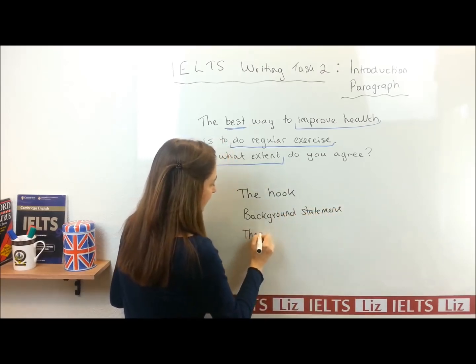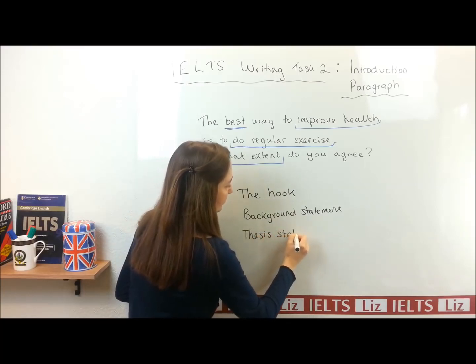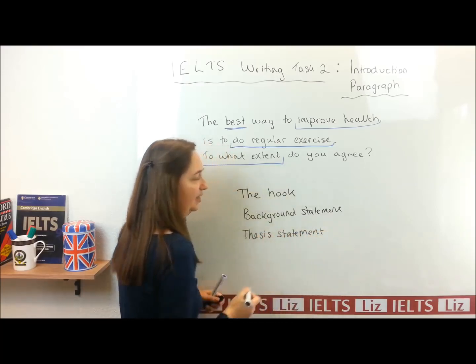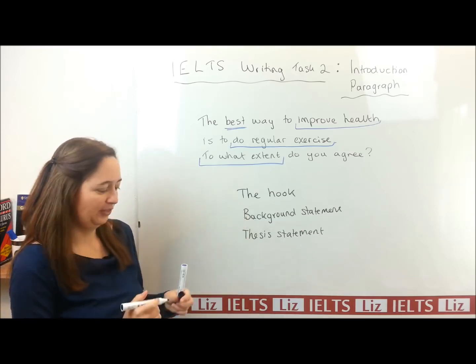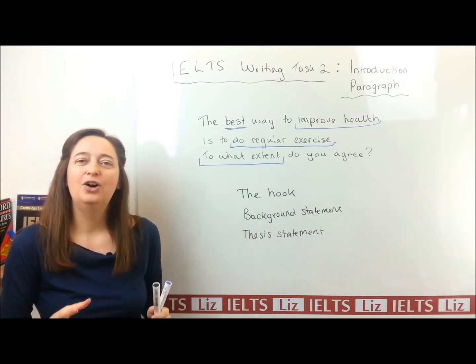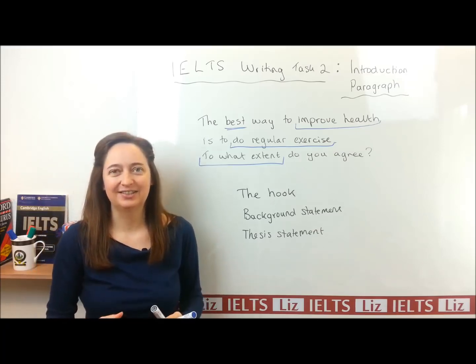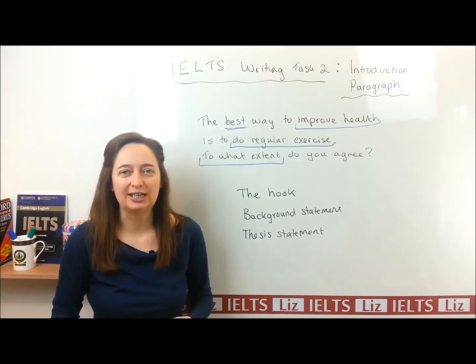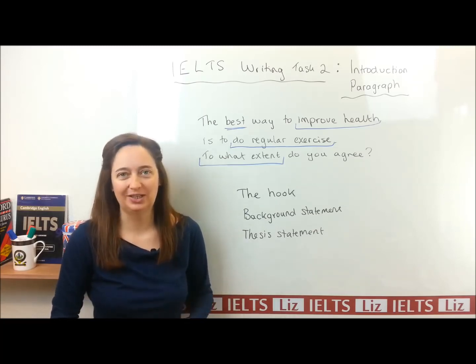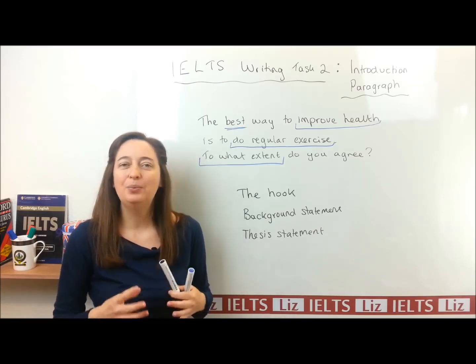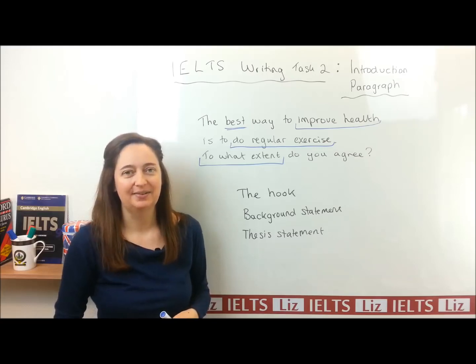And there's a thesis statement. So let's look at each part of this. The first one, the hook. Now, a hook is a sentence that has lots of interest in it, so that immediately the reader wants to continue. And we use that in many essays.